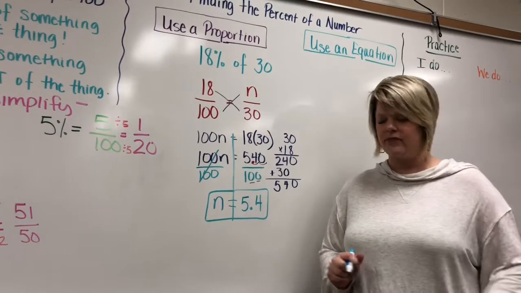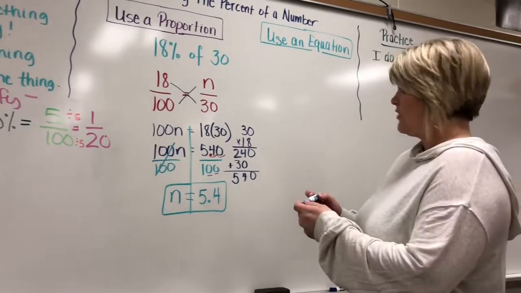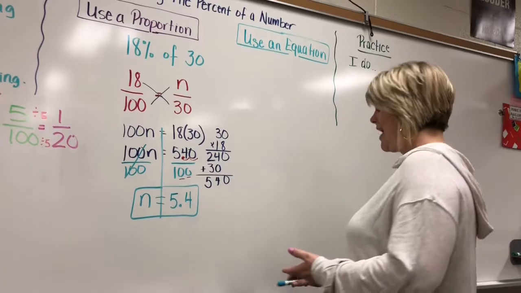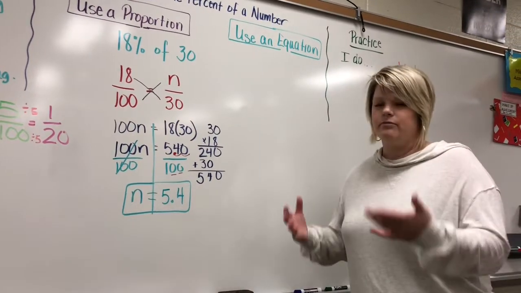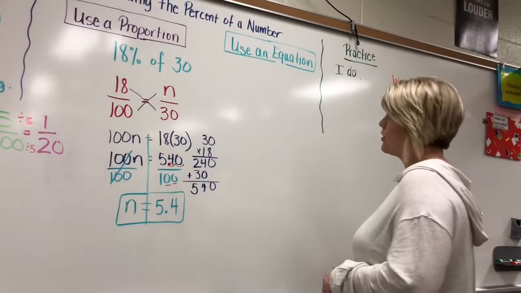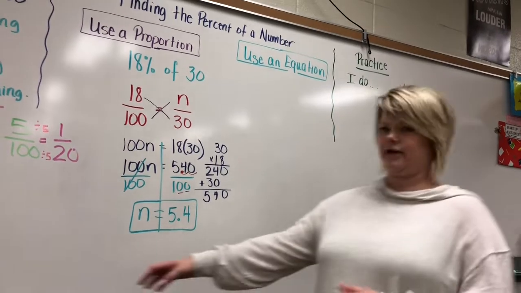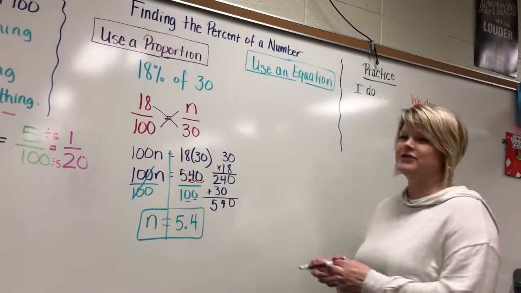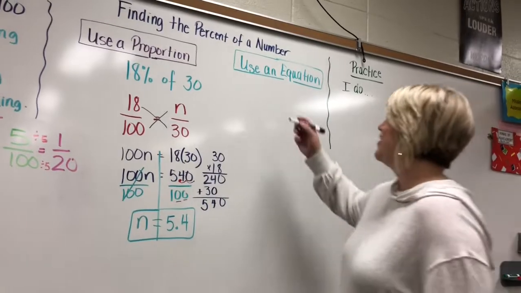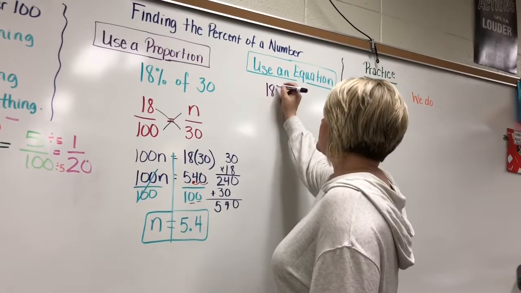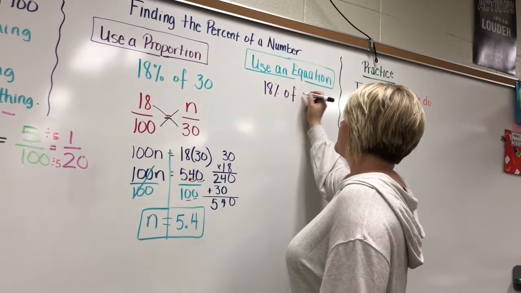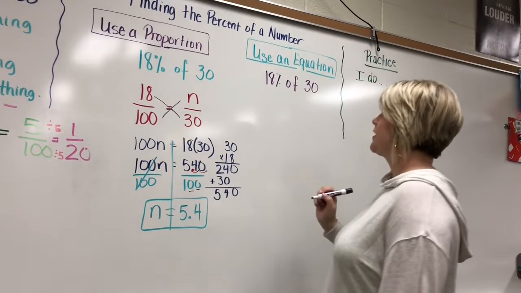Yeah? All right. Let me show you how to use an equation. I don't think it's that much different, but I'm going to show you anyways. So, using an equation, we're still going to do the 18% of 30, okay?